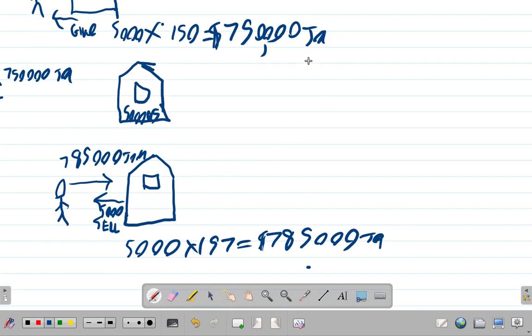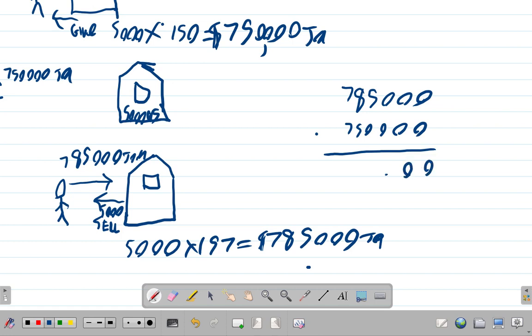It's just the difference between the buying and selling rate, or the spread, that gives you that profit. So the 785,000 that the customer gives to you now, when earlier you gave them 750,000, would mean you made a profit of $35,000. So you see that.